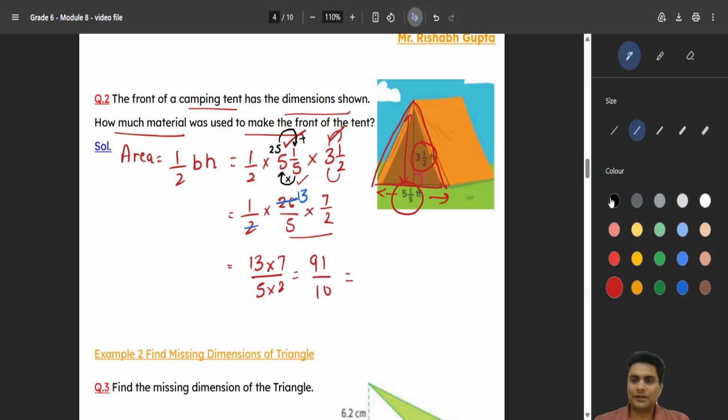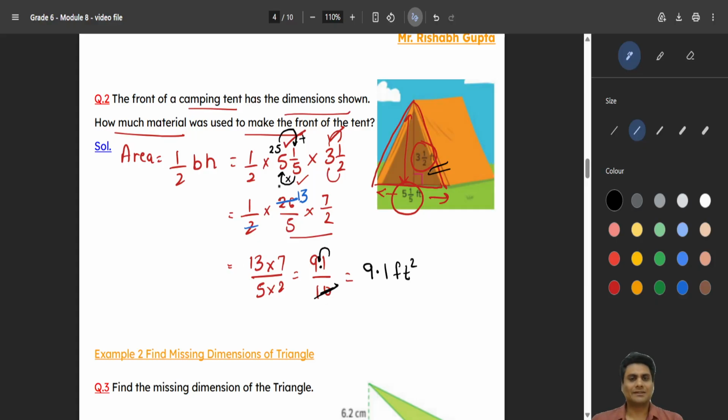So check. There is a 1 and 0 in 10, correct? So you can just remove the 10 and in the numerator, after one number, put the point. That will be your answer, 9.1. What is the unit here? Feet. So 9.1 feet square.